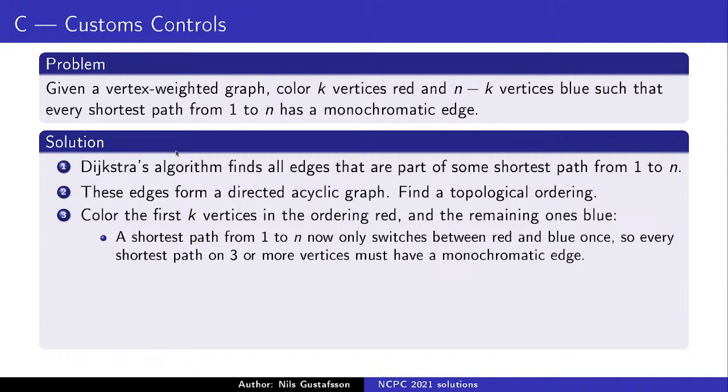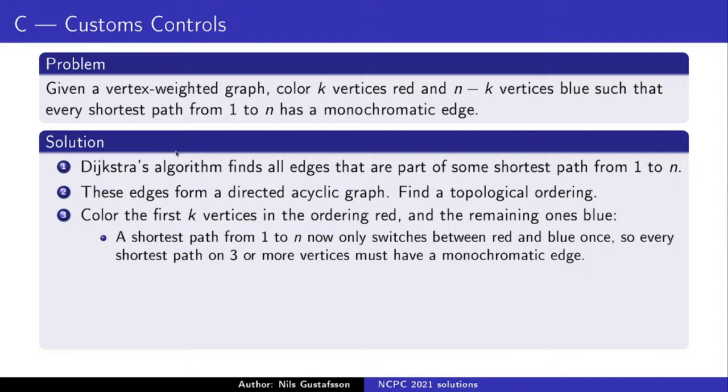If we look at a shortest path from 1 to n, because we set it up like this, any shortest path from 1 to n can now only switch between red and blue a single time, because it's going forward in this topological ordering, and we make the first few things red.